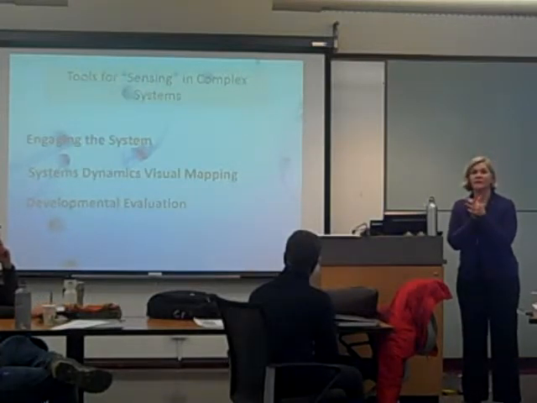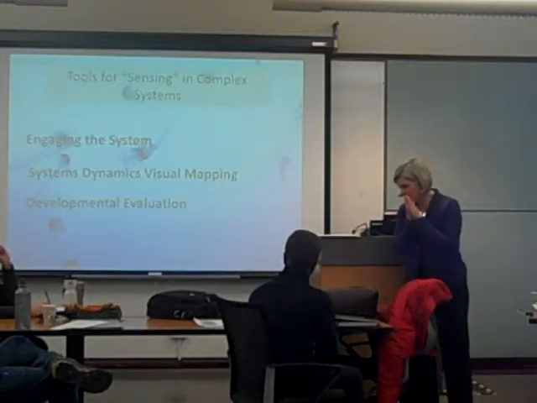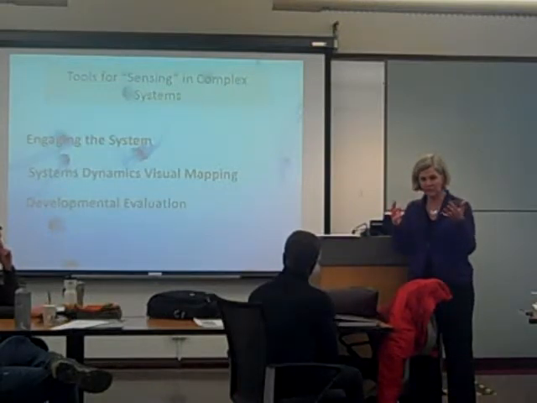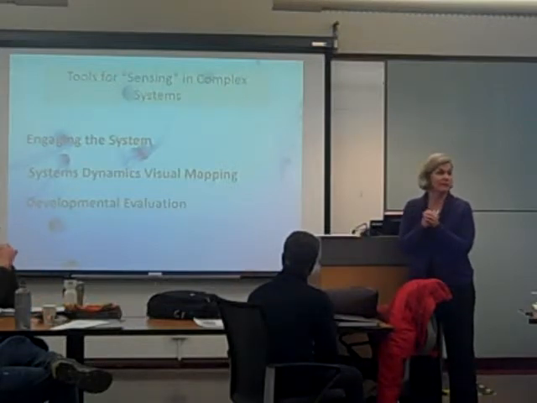Then there is a technique called systems dynamic mapping, visual mapping, and it is really a way to understand cause and effect relationships visually. My colleague John Bryson here at Minnesota has developed it. There's actually a 1-credit course you can take.